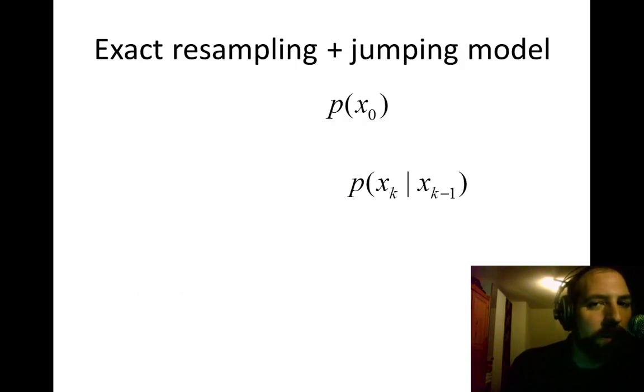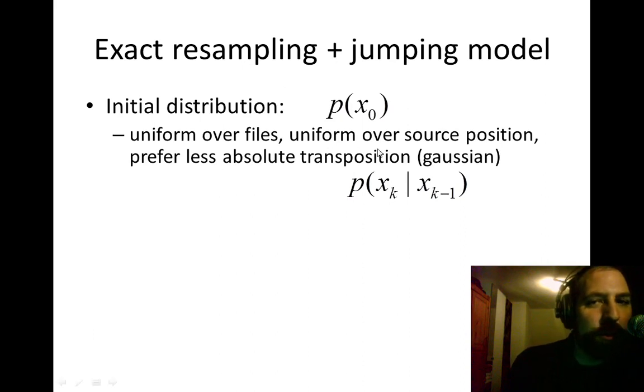So to go over the operators then, we have an initial distribution that's basically uniform over the files and over the source position, and we prefer less absolute transposition. I mean, less transformation, basically less change in speed from the original speed.